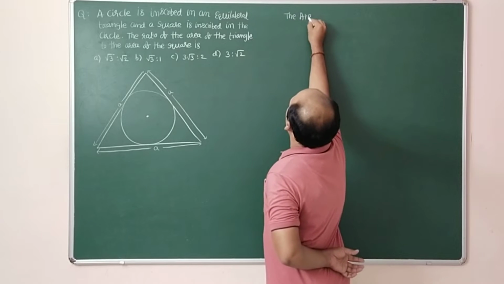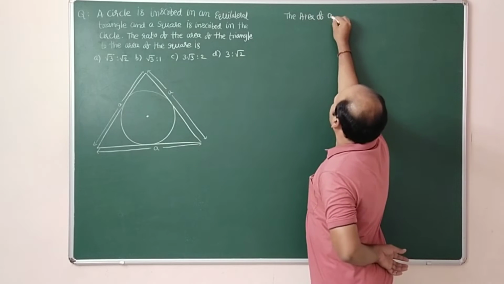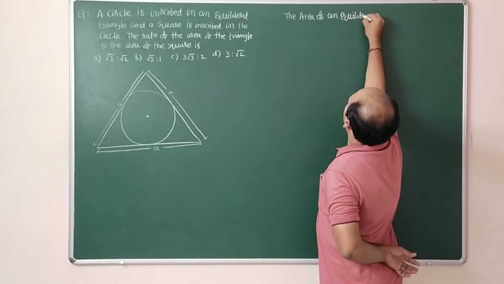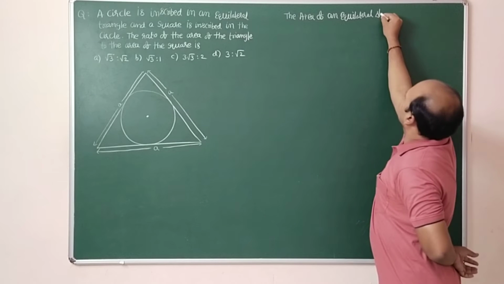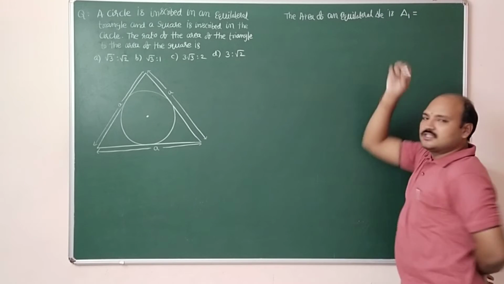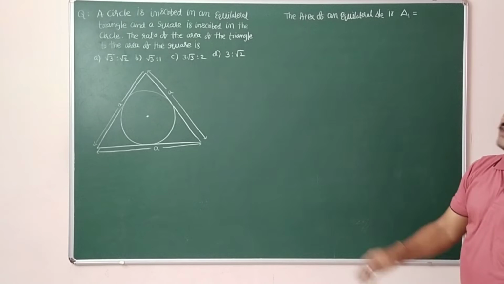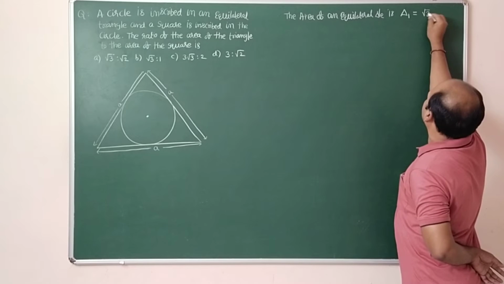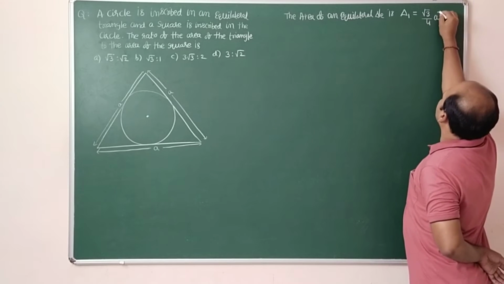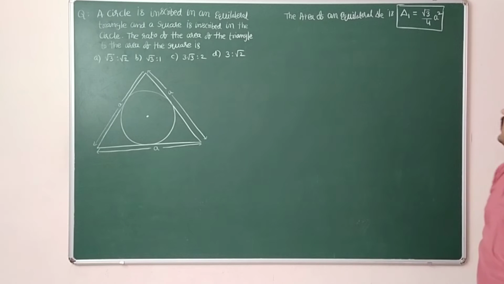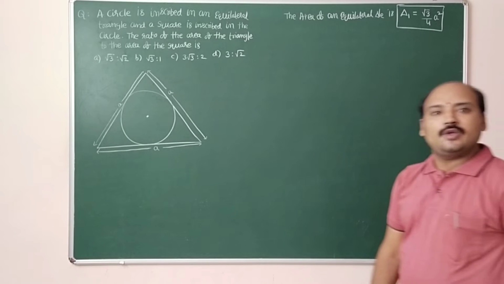The area of an equilateral triangle is delta 1, I am assuming that. This is the standard result. The area of an equilateral triangle whose side is A units is root 3 by 4 into A squared.